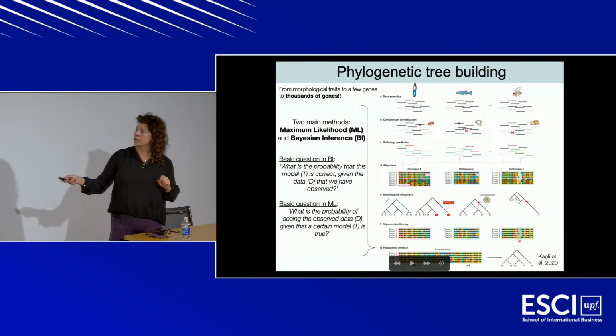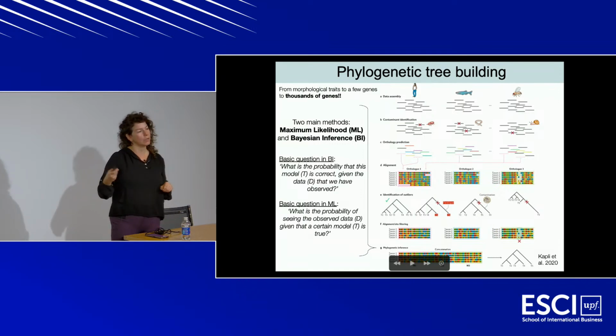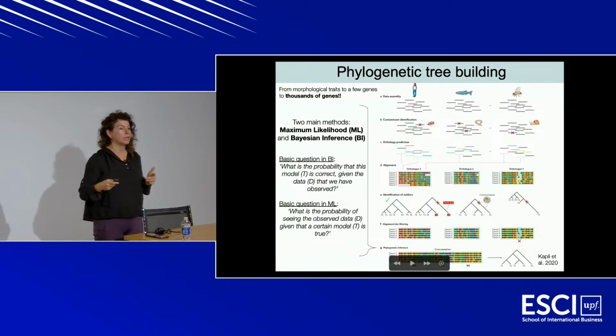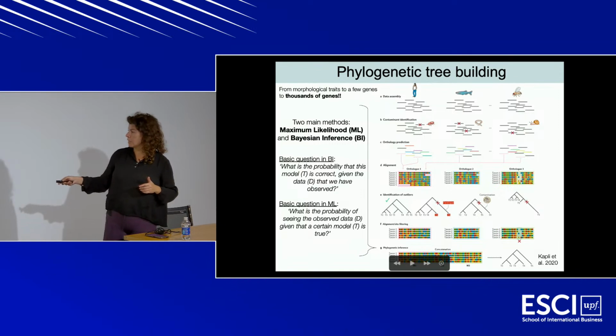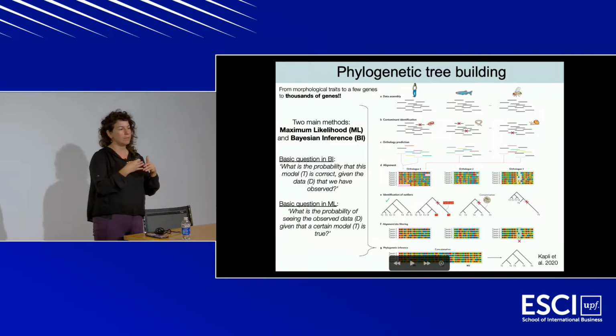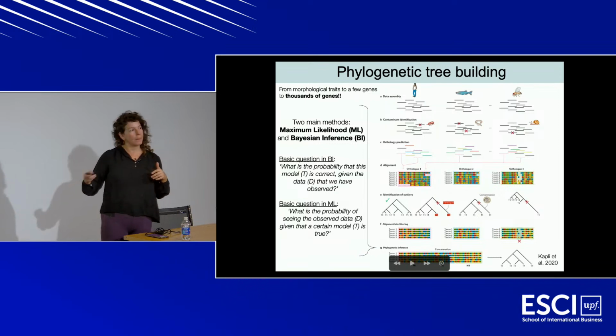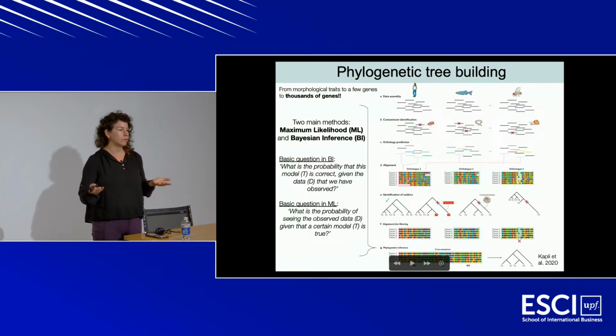So in Bayesian inference, the question is, what is the probability that the model that we are applying is correct given the data that we are observing? Something that I did not mention, but is definitely very important, is that we are going to have a model when we try to understand how similar sequences are and how they have changed. There are a series of models of evolution, most of them experimental, that give a certain weight to each change in amino acids.